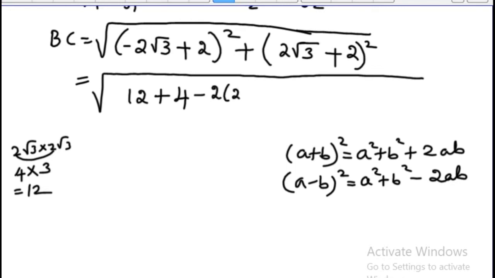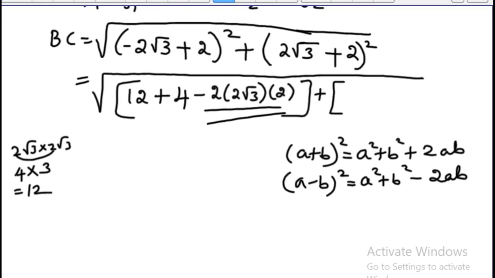A is 2 root 3 and b is 2. This is the first one. Then the second one, the same, but in this term we will get a positive. Therefore 12 plus 4, then plus 2 into 2 root 3 into plus 2.